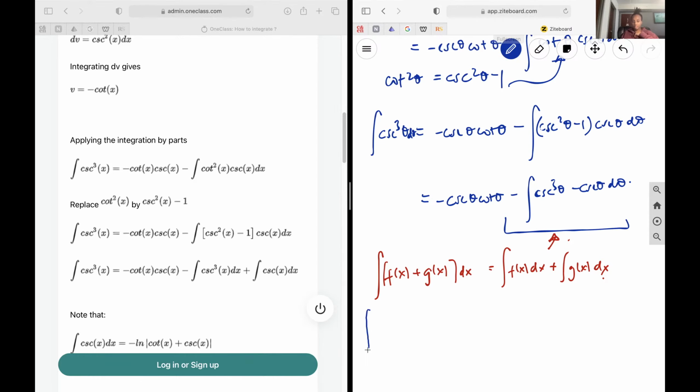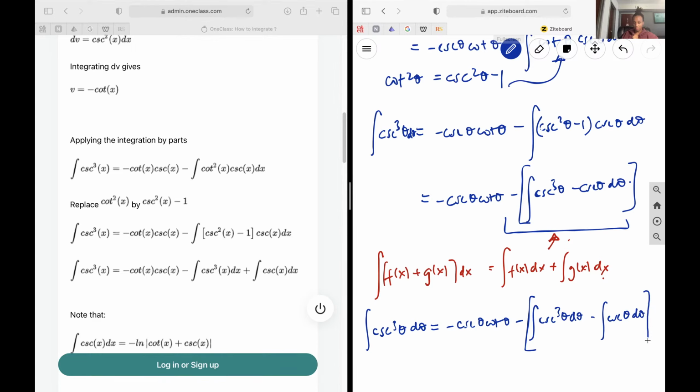And I will get that the integral of cosecant cubed theta d theta is equal to negative cosecant theta cotangent theta minus the integral of cosecant cubed theta d theta minus the integral of cosecant theta d theta.